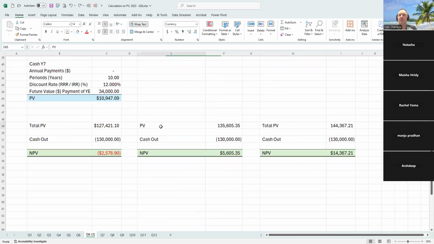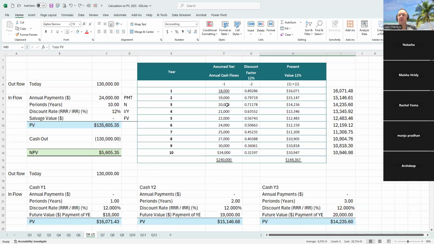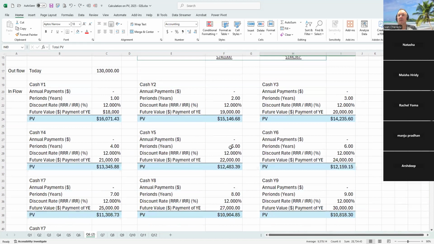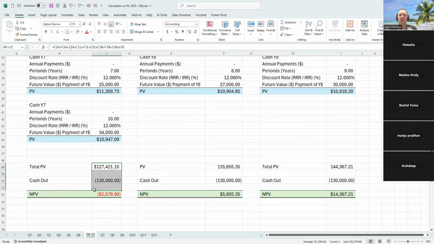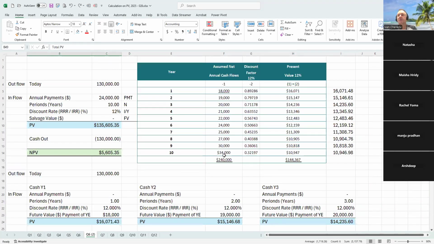Again, the first scenario is when we get $24,000 equal every year over 10 years. The second scenario is when we get the highest cash in the beginning, lowest cash at the end. And the last scenario is when we're getting the lowest cash at the beginning, highest cash at the end.